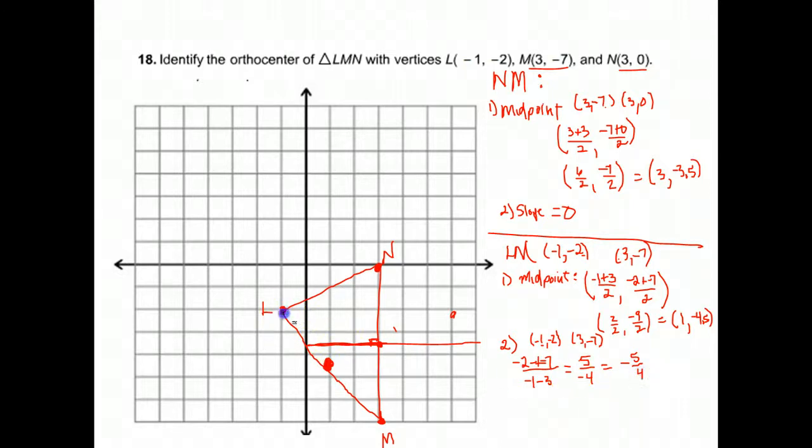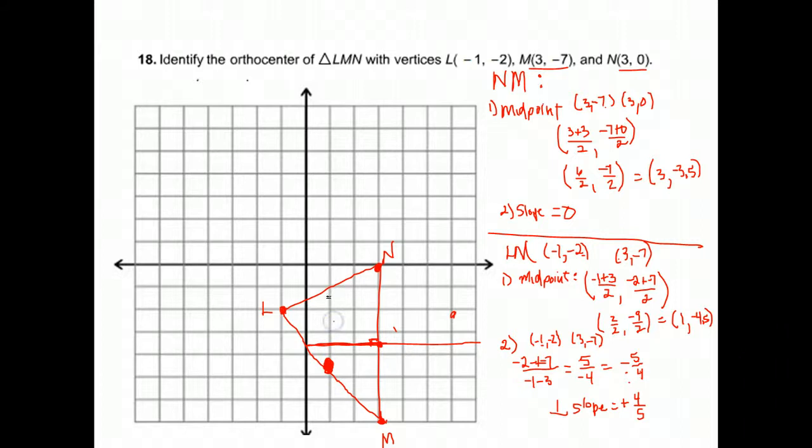Now that's the slope of my line LM. I want the slope of a line perpendicular to that. So remember, perpendicular lines are opposite reciprocals. So our perpendicular slope is opposite, so instead of negative, it's going to be positive, and we flip the fraction. Positive 4/5 would be the slope. So here's my point.